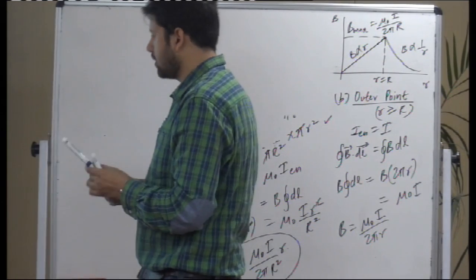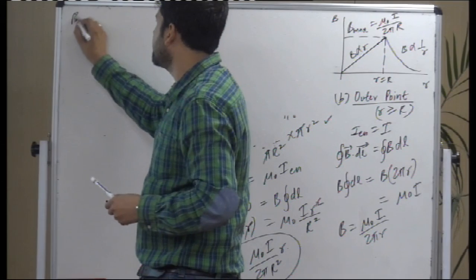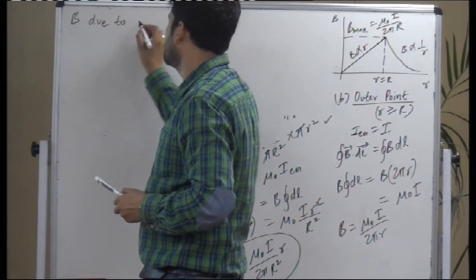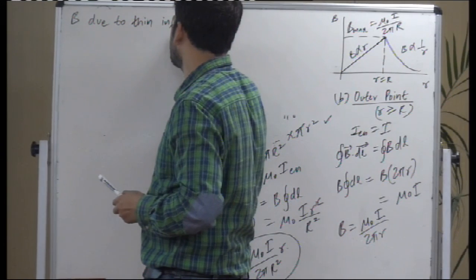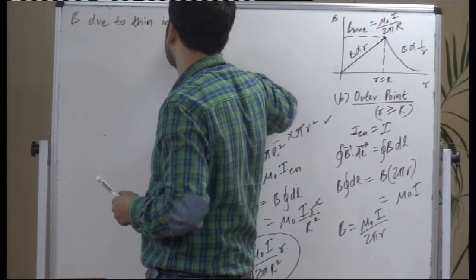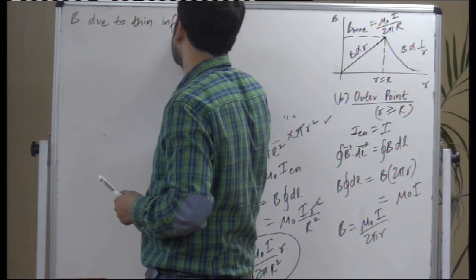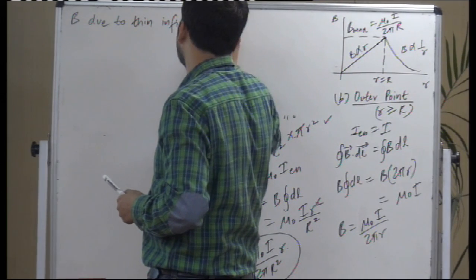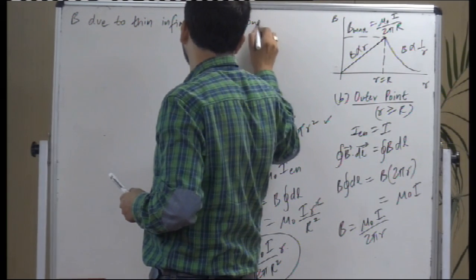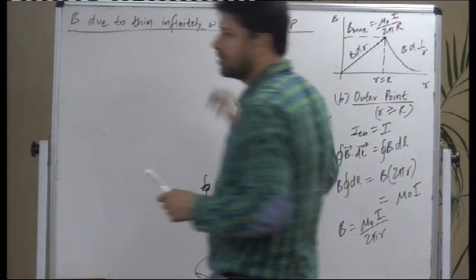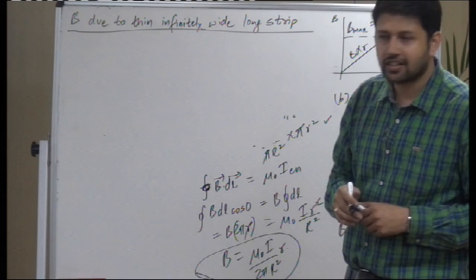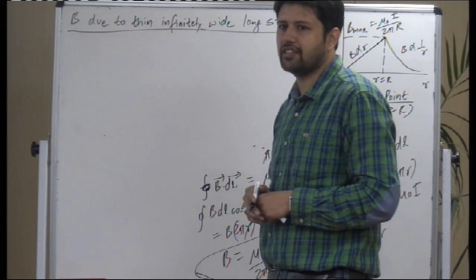Now, this is B due to a thin, infinitely wide, long strip. It is thin, it is infinitely long and infinitely wide.